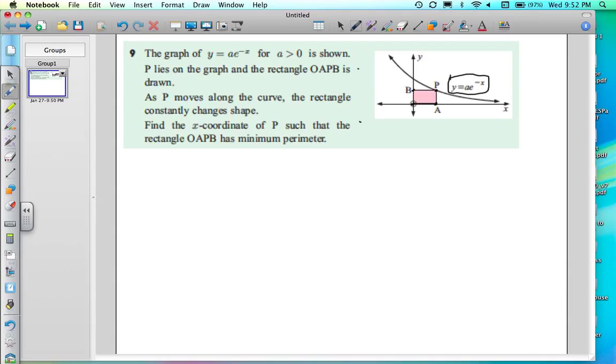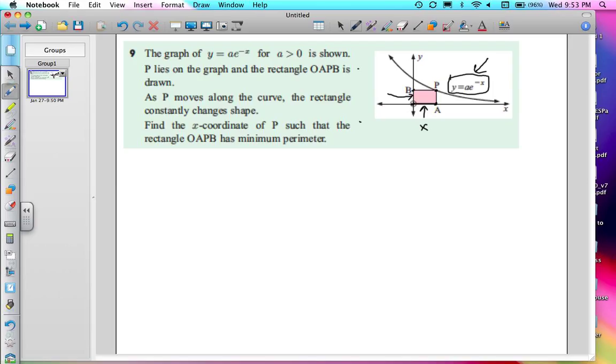Okay, so if we look at the four corners here, this side right here, the lower side, that is just going to be the x value. That's what the length is going to be, x. The height over here is going to be the y value from this equation.